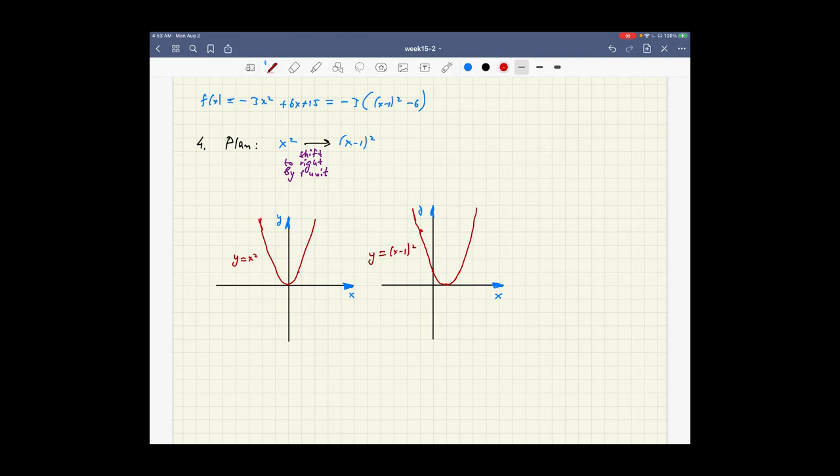Next transformation is we shift it downward by 6 units to get x minus 1 squared minus 6.